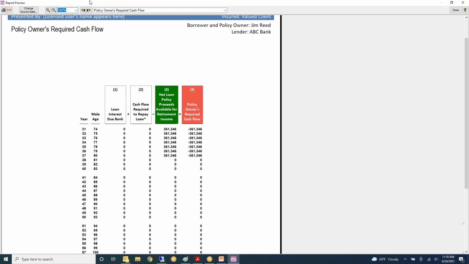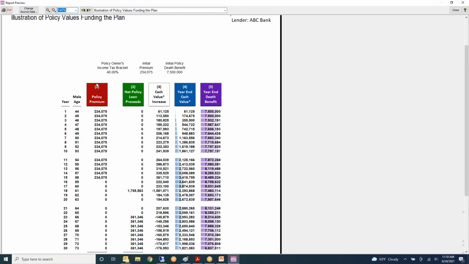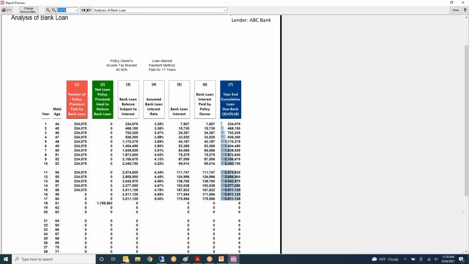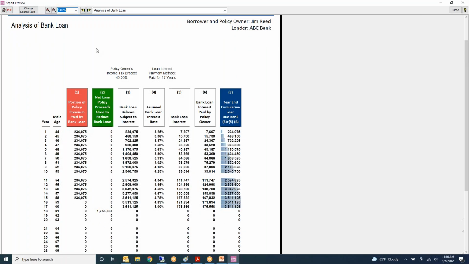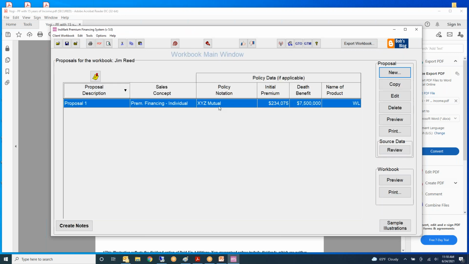Okay, and this is the source data, basic life insurance data from the insurance carrier. Analysis of the bank loan, and so on. So there's a lot of these different reports that are available and so forth. So this is basically the whole set of report. And you click on the done to save the case, and you got the workbook done.